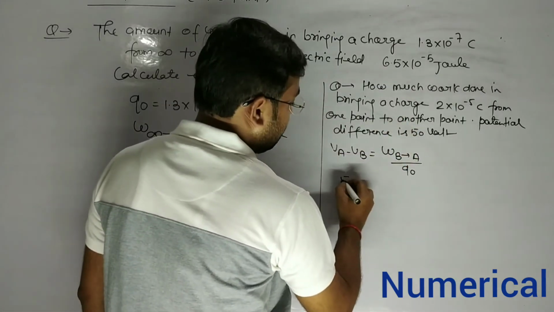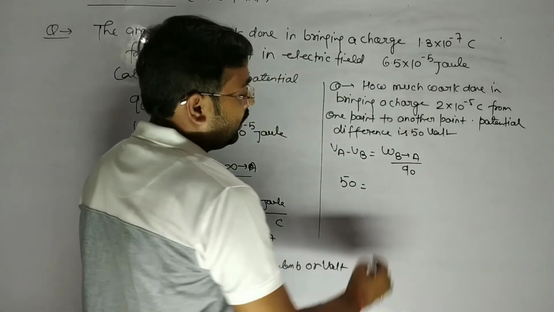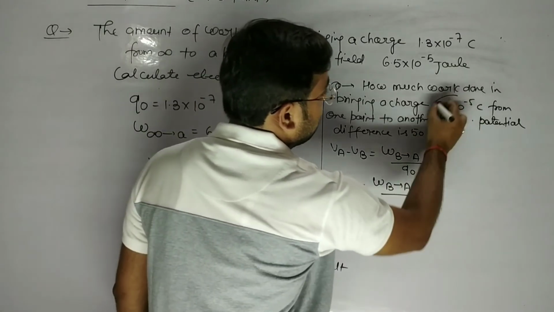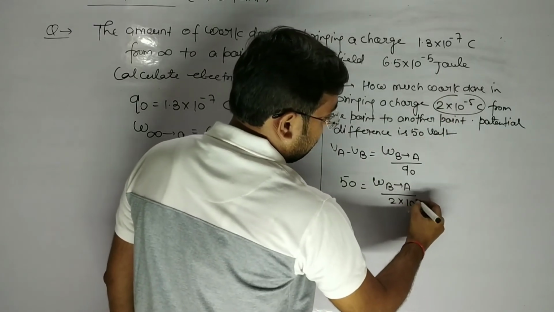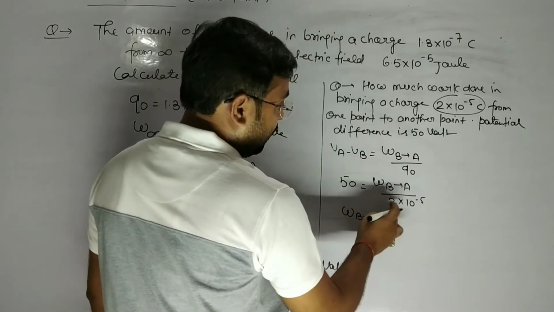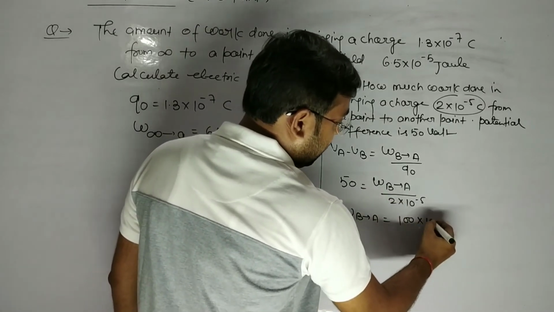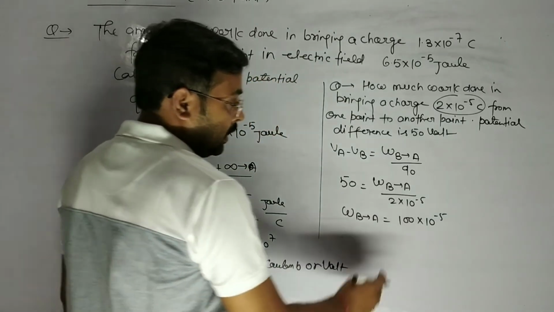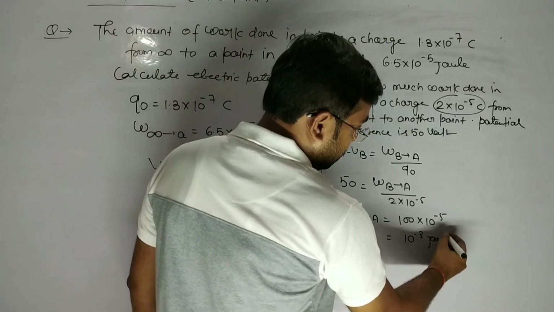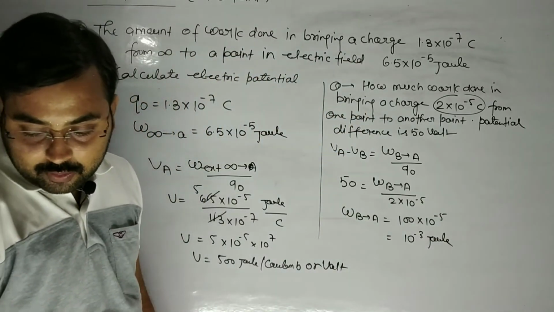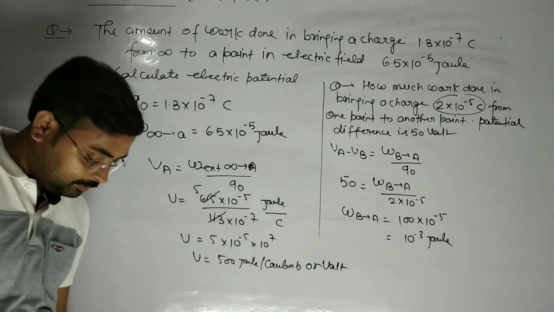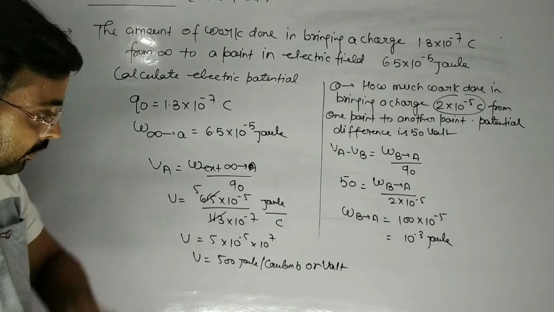VA minus VB is 50, W B to A upon Q naught, Q naught is 2 into 10 to the power minus 5. So W B to A is 50 into 2 into 10 to the power minus 5, that is 100 into 10 to the power minus 5, which is 10 to the power minus 3. Answer is 10 to the power minus 3 joule. Confirm? Write down.